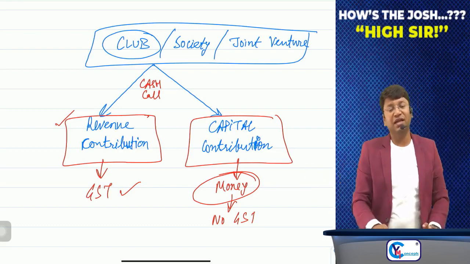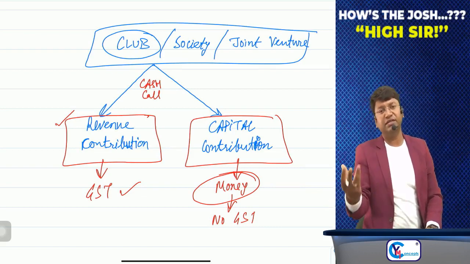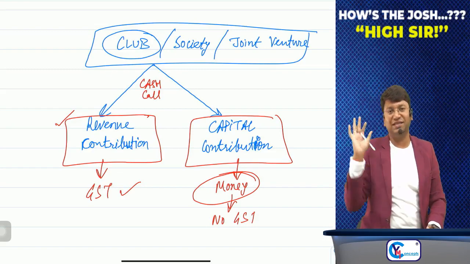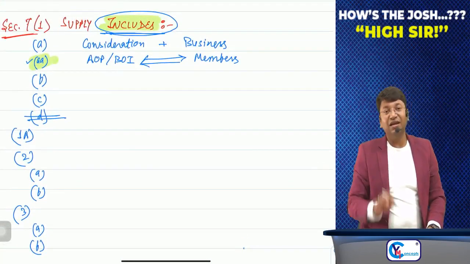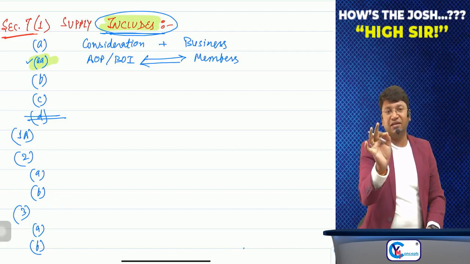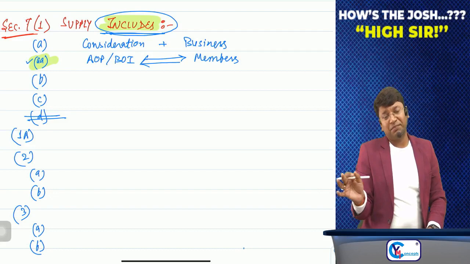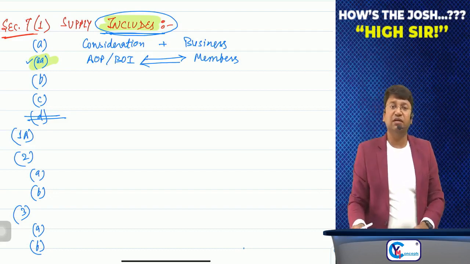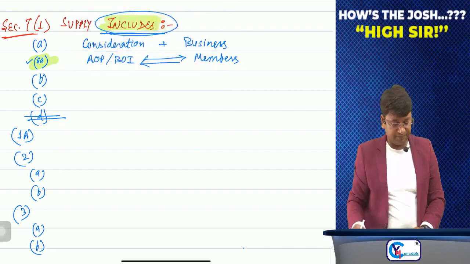They are two different persons, and in case they are entering into any transaction for a consideration, it is supply. That's it. Clear? So the term supply has clearly defined that any transaction between AOP BOI and its members is supply, and yes, GST will be charged on that transaction. Clear? Done.